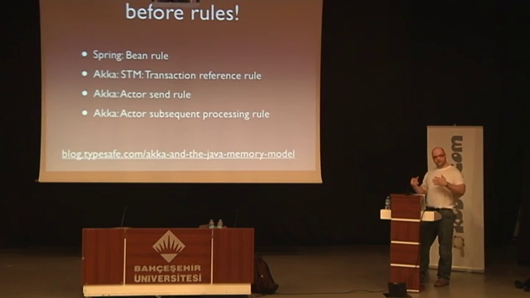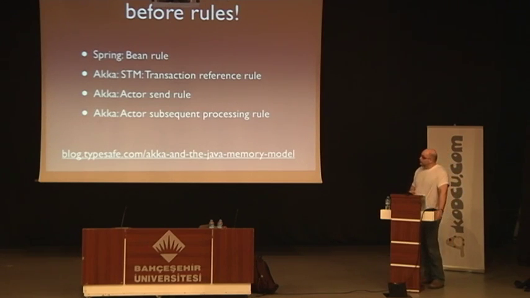It means that a change made in one transaction is going to be visible in another transaction. And I created a few actor rules. If you want to know the details, this is the link to the blog. Although it's very detailed, it's very important that this kind of stuff is in place to make sure that your code is working as expected.